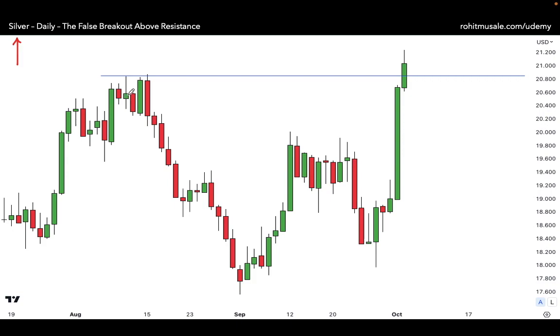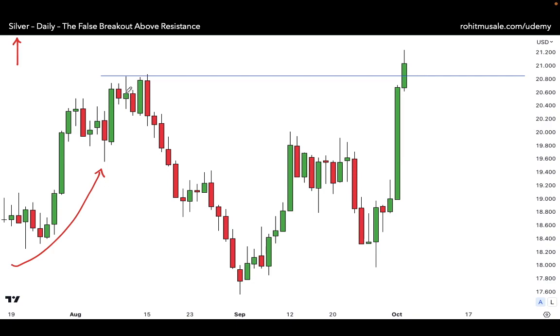This small candle is extremely important because that's where the rally has stopped. I have drawn a blue line at the high of that candle, and that candle is very important because if you see what happens next, the high of that candle has not been breached, it has not been broken. If you take the high of this candle, then it was broken by this green candle.